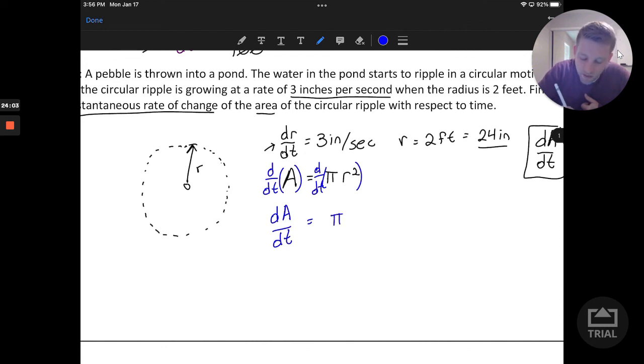The r squared can become 2. I can pull that out in front if I'd like, and then r to the first. And then since we are not taking the derivative with respect to r, we're taking the derivative with respect to t, I have to do the chain rule piece, which is going to be the derivative of the r variable with respect to t. So we have dA/dt equals 2 pi r dr/dt.